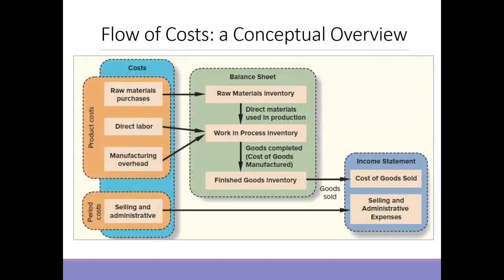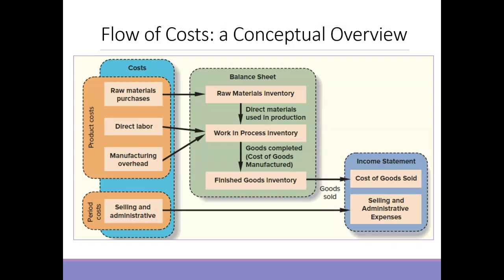So here you see the raw materials, the direct labor, and the manufacturing overhead are all product costs. Those costs flow with the products. Okay, they're an inventory asset account until they are sold.